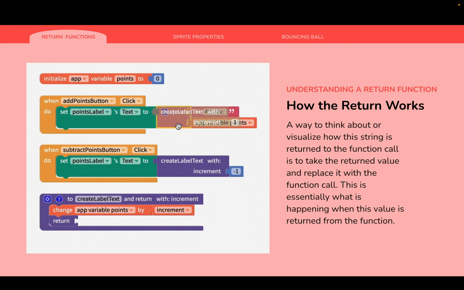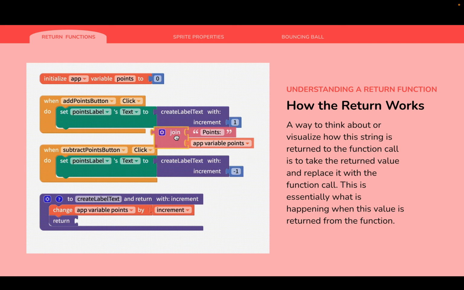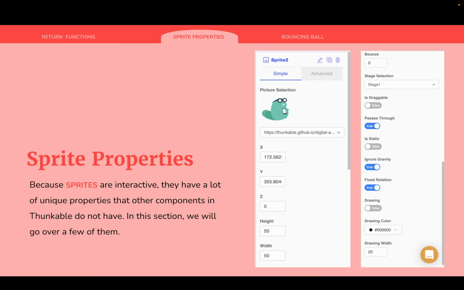Again, that value is handed back, as if being put back to where the function was originally called once the function is finished executing. Okay, and that is the basics of how a return function is built and utilized.